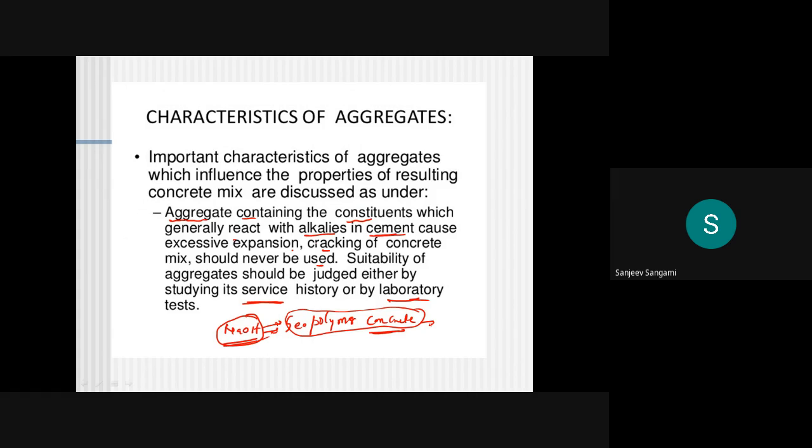So he said that generally it causes excessive expansion. How exactly is it going to happen? You take NaOH and add it to 1 liter of water. Simply 1 liter of water.